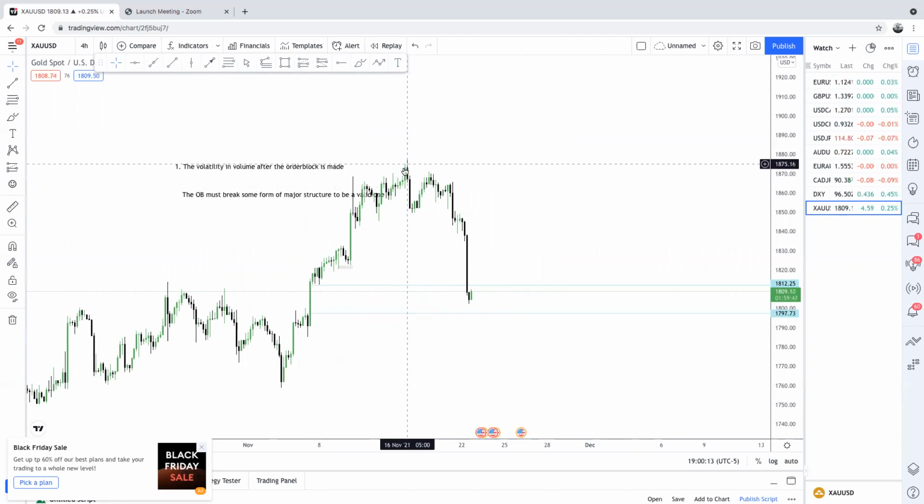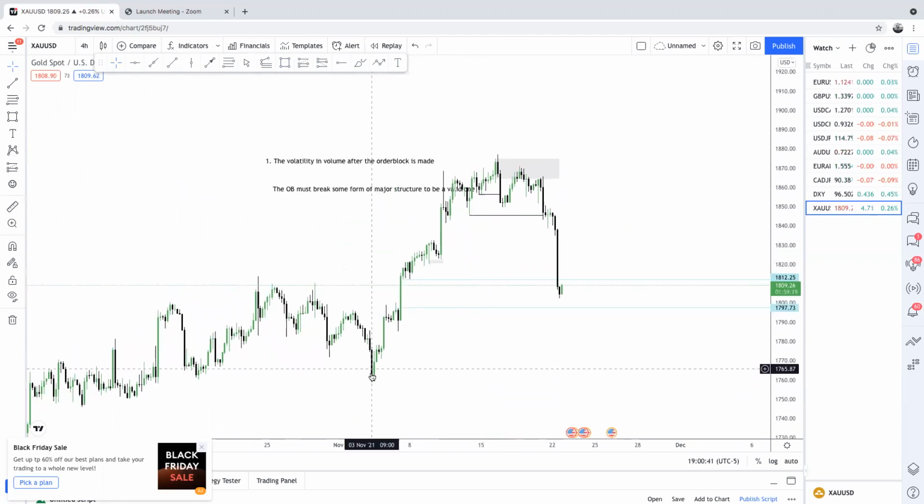When an order block, a supply or demand zone, is made, in this case a supply because we're selling, you need it to break some form of major, clear structure before it becomes valid. This could be considered structure as well on the M15 time frame, hence why the market came back and respected this supply area, and then dropped off.